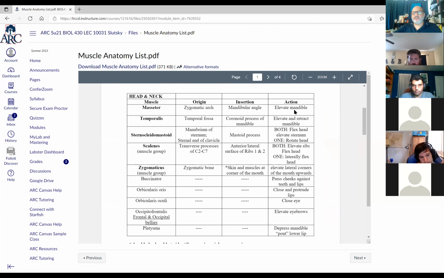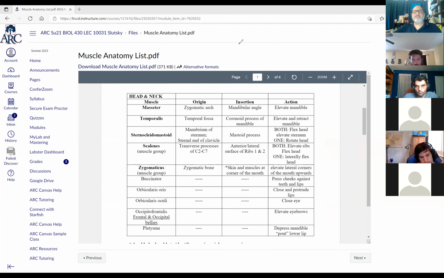Notice some muscles just have 1 action, some have 2, some have 3, some can have 4. If a muscle has 4 actions, how many of those are you going to be responsible for? 4. All of them, exactly.